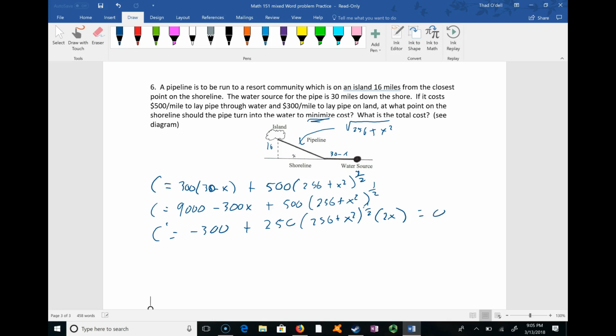Set it equal to 0. Move the 300 over. So now we have 500x on top and the square root of 256 plus x squared on the bottom and 300 over here.